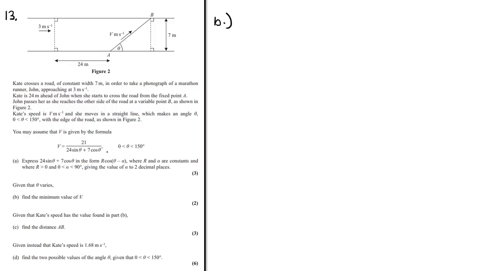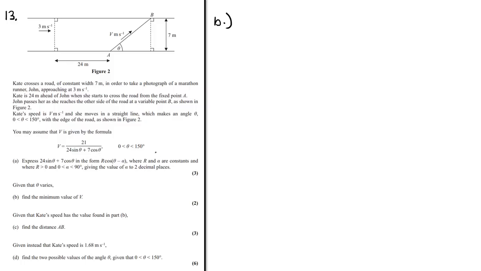Again, you don't really need to understand what V is. I would definitely recommend reading the context, but you don't need to understand what V represents to solve part B. So what I've got here is this fraction, 21 over 24 sine theta plus 7 cos theta. Notice this denominator, 24 sine theta plus 7 cos theta, is exactly what we had in part A, and we gave it in this form.